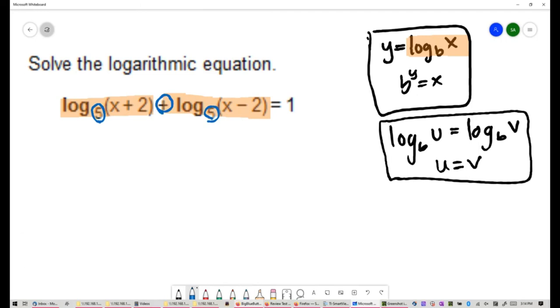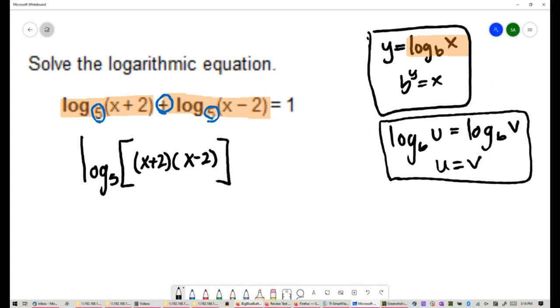And this is adding, so I'm going to condense with the product rule, and that means that I multiply what's inside the logs together. So that's going to give me log base 5 of x plus 2 times x minus 2. I'm using the product rule because I have the sum of logs with the same base, and that's how I decided to multiply inside.